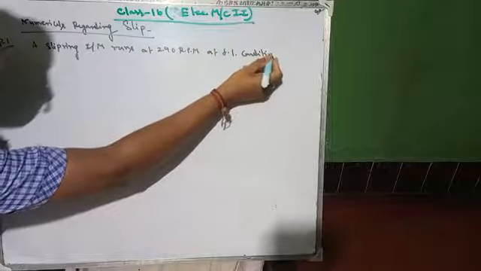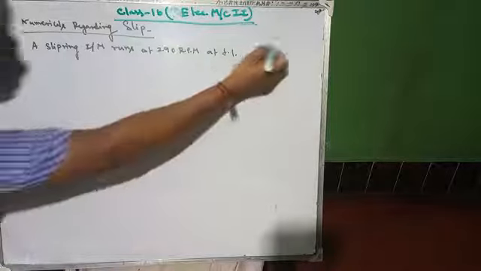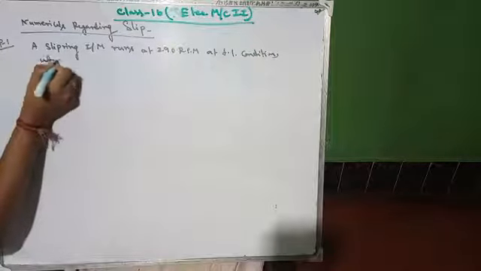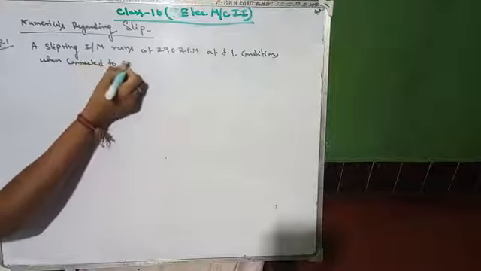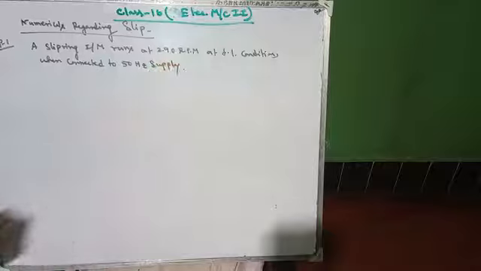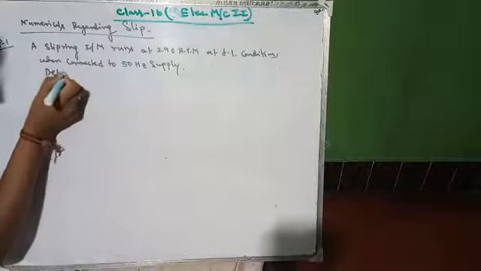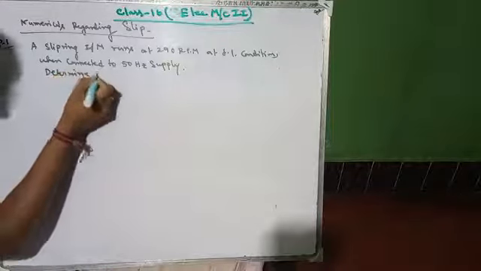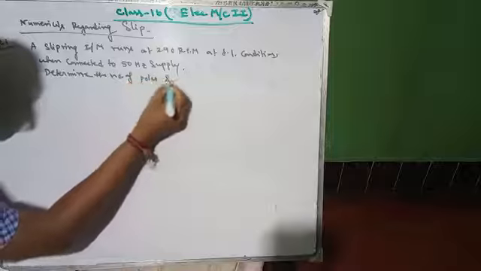FL condition means full load condition. When connected to a 50 hertz supply, determine the number of poles and the slip.